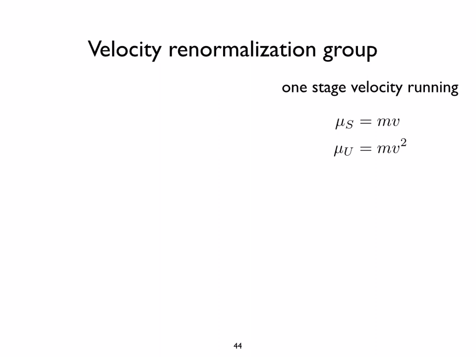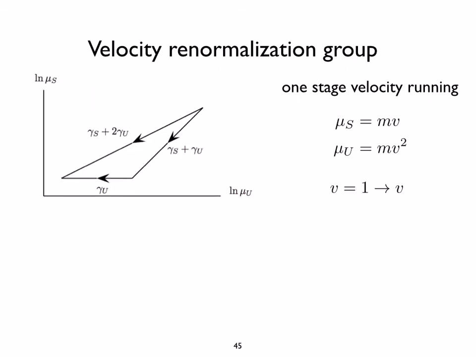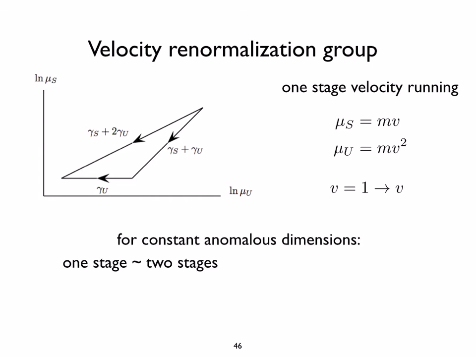The only difference is that we are running now in velocity rather than alpha, and that there are two different scales for soft photons and for ultrasoft photons. We run from velocity equals 1, which corresponds to highly energetic electrons, to some scale v, in one stage. If we run in two stages, we will obtain a different result.